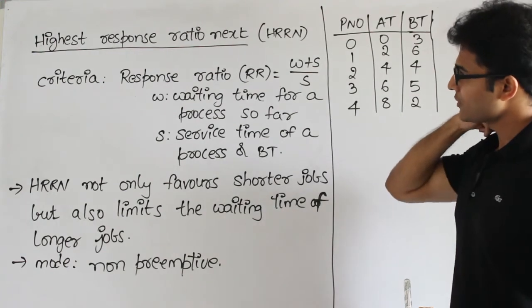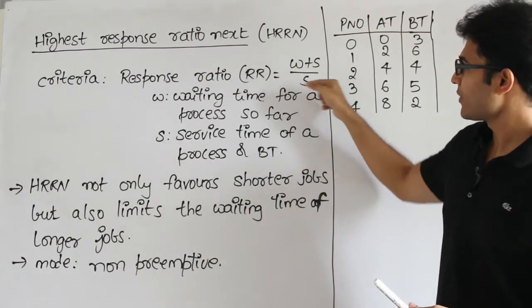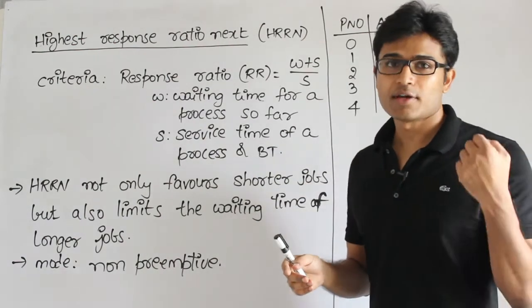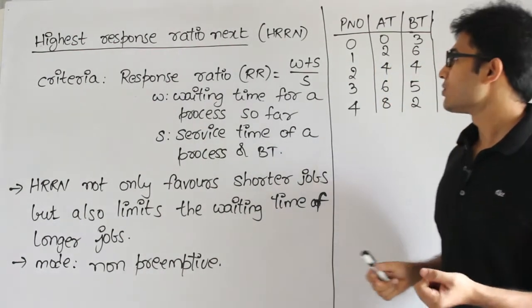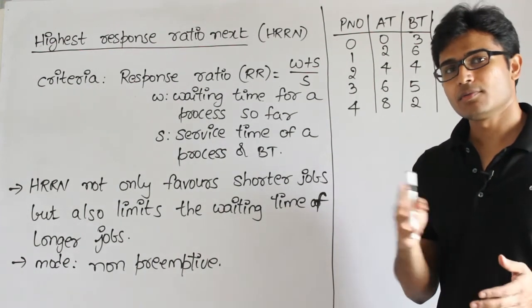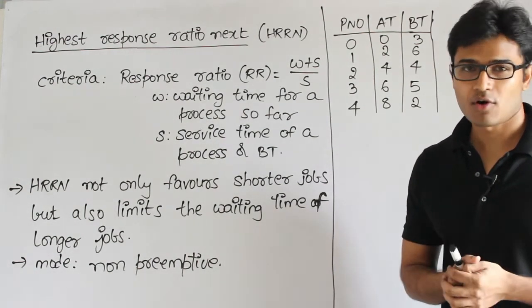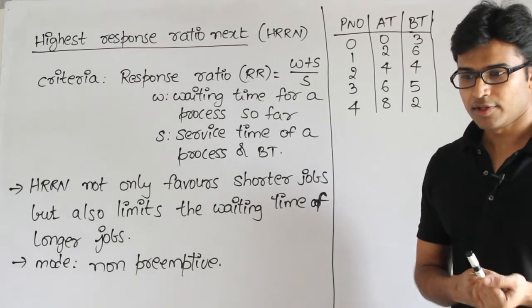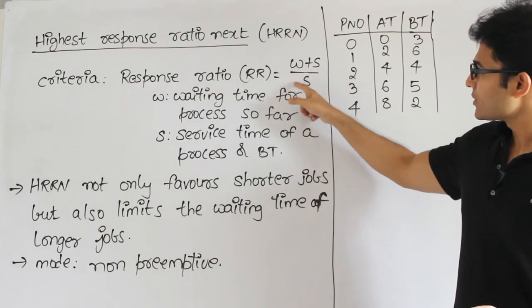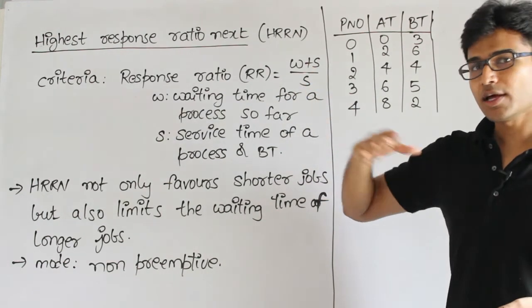Now for every process we find out this factor, and among all the processes, whichever has the highest value, we pick it up. So here we are not purely depending on the burst time; we are depending on the burst time as well as the waiting time. Whenever the burst time is less, that will have the higher value.